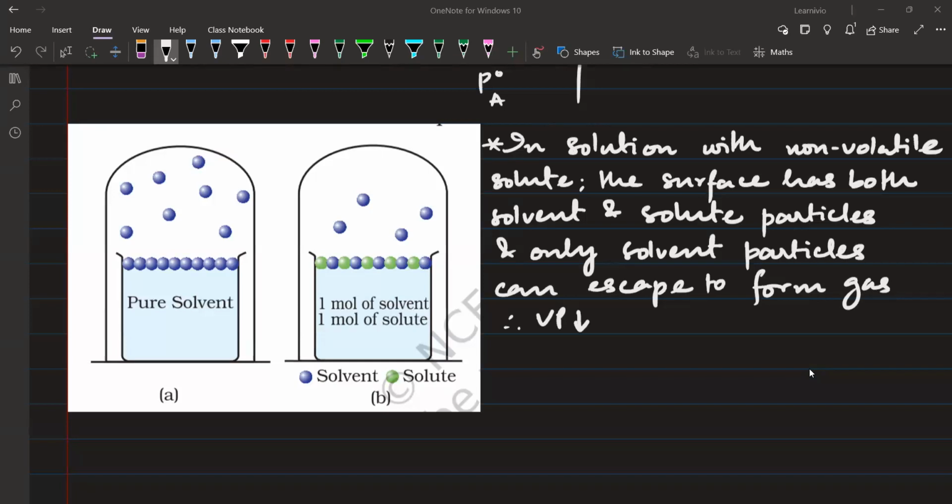No need to draw this diagram. Okay. Rafi, हो गया आपका ठीक?